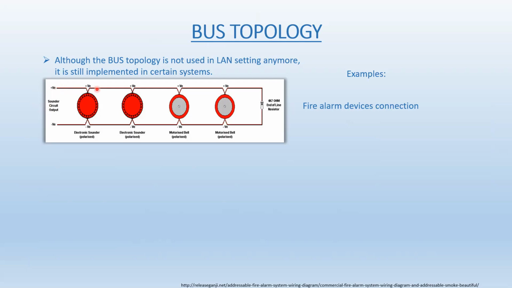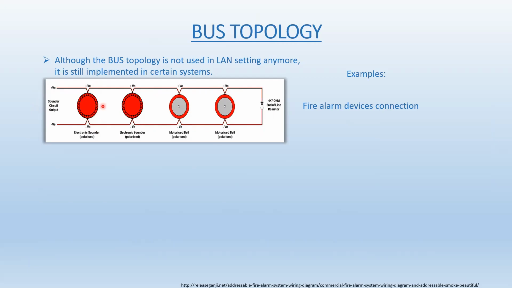So there's just one line that keeps going to the end and has two wires, two conductors. It's a pair, and it's terminated with something called the end of line resistor, because the zone has to know that the whole line is intact, because those devices for the fire alarm are normally open.